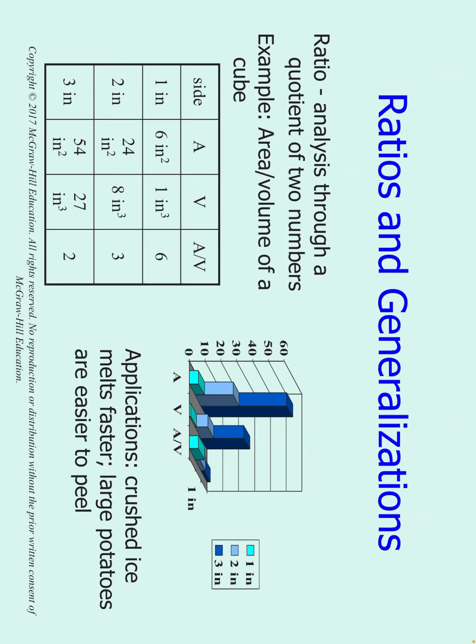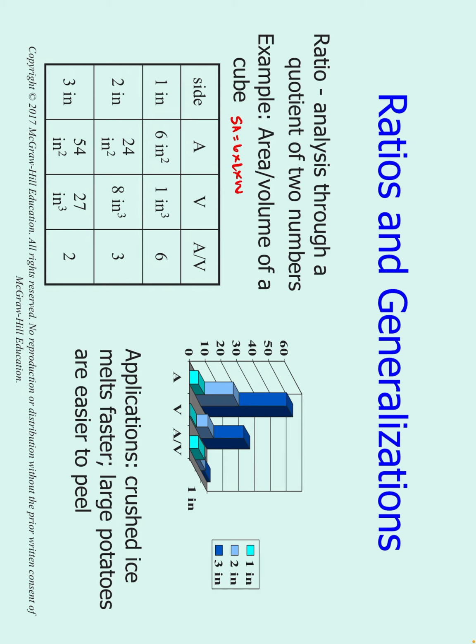If we were going to compare the ratios of two different things, we've got surface area, which for a cube is 6 times length times width.